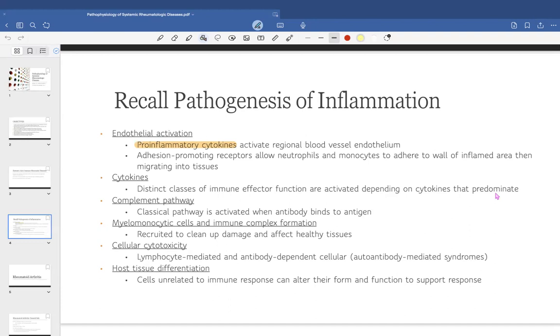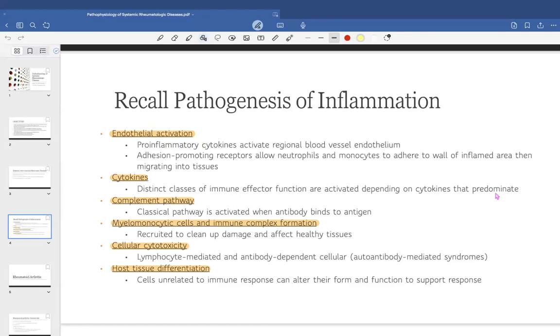You have myelomonocytic cells and other immune complexes, so you can have IgG binding with rheumatoid factor, which is an antigen-antibody complex that signals for your polymorphonuclear cells to then phagocytize it, which then leads to the destruction of those cells and the release of more cytokines.